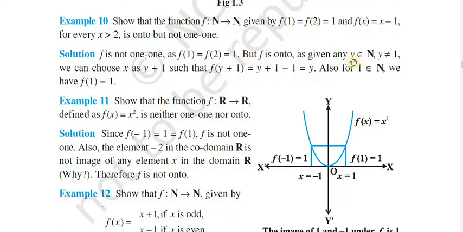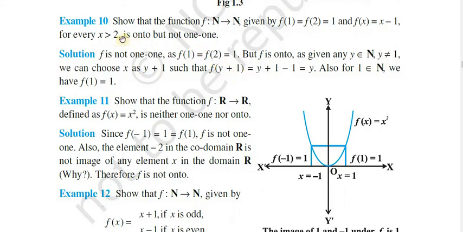Now for any natural number y in N with y not equal to 1, we can take the natural number y + 1. And what will be f(y + 1)? Because y is not equal to 1, y will be at least 2. If y is equal to 2, y + 1 will be at least 3.